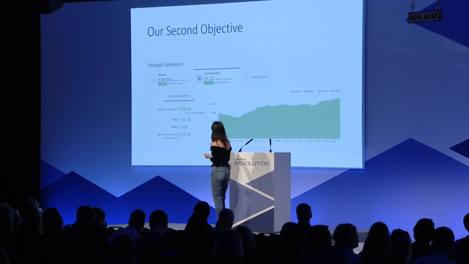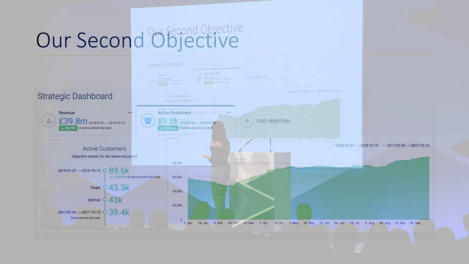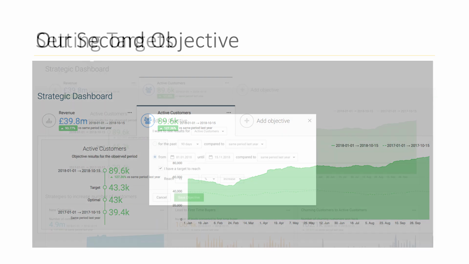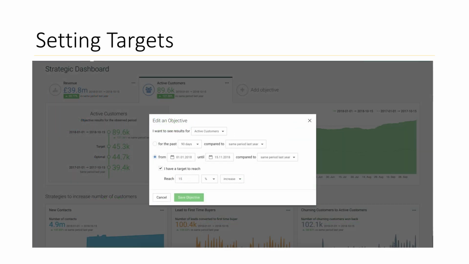And this is another example of an objective, where we are aiming to grow our active customers. Our aim initially for this particular one was to grow our active customer base by 15%. We were a bit conservative on this. However, we are currently at 127%. Woo!